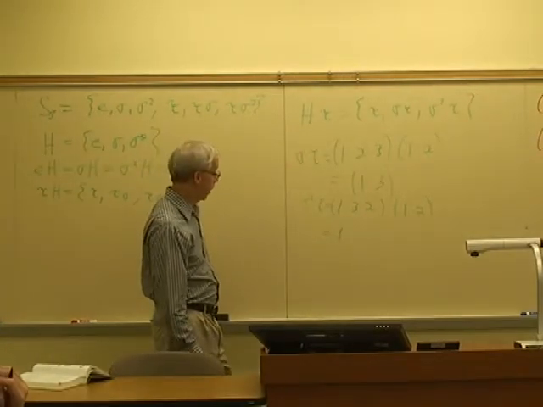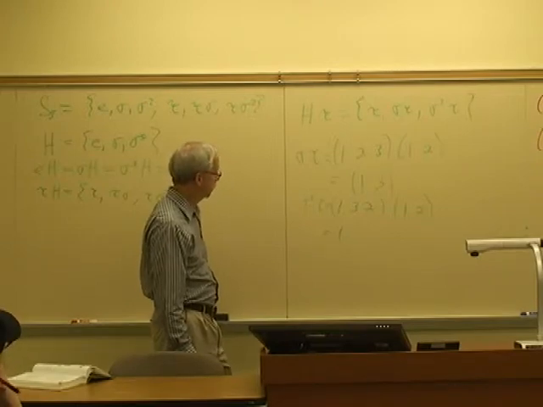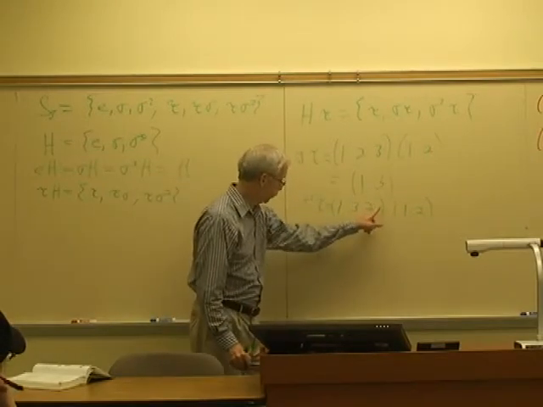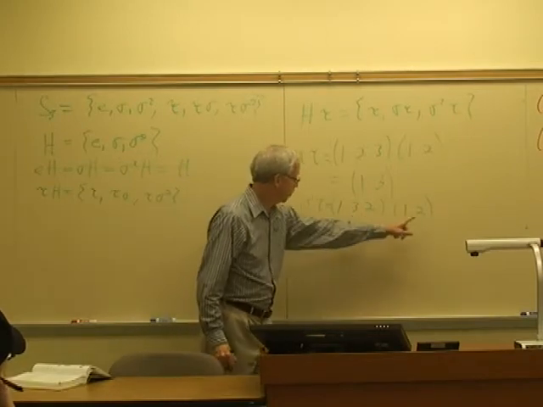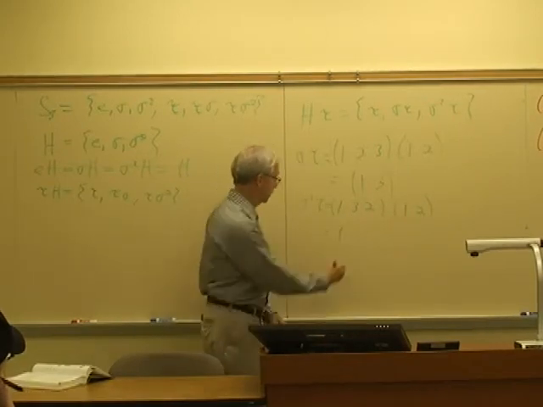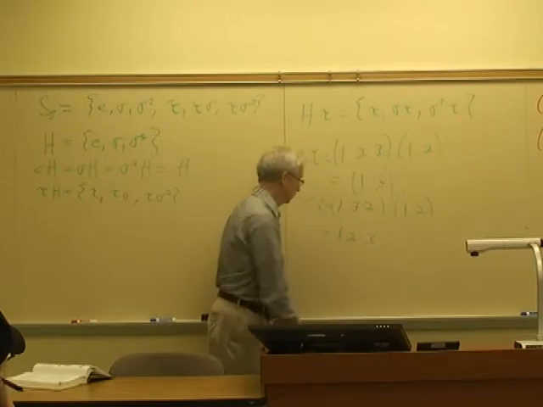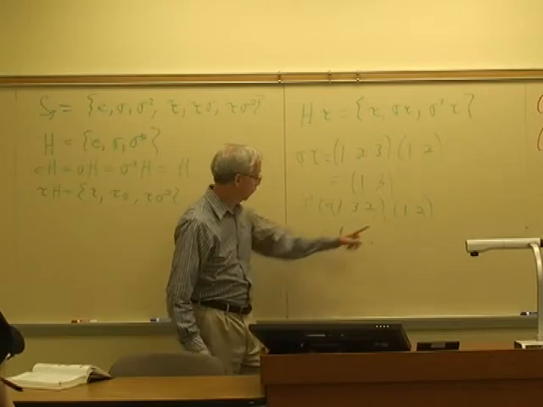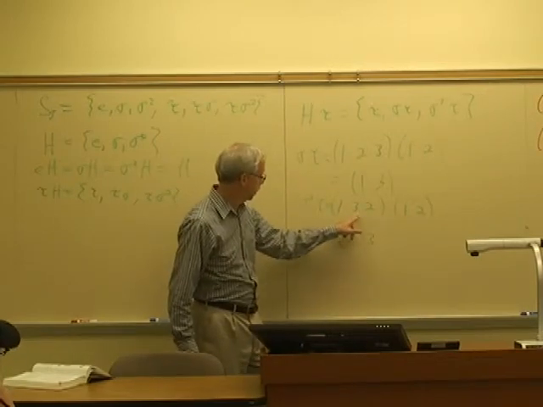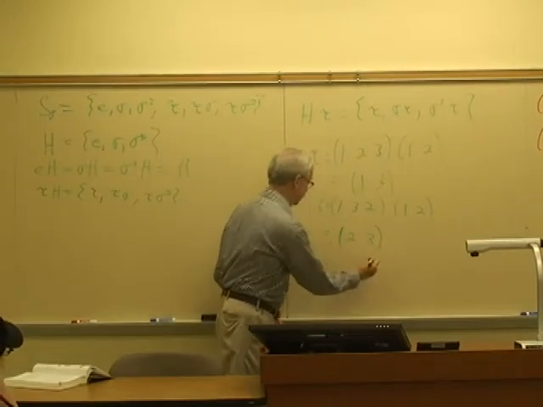To itself, right? Because 1 goes to 2, but then this guy sends 2 back to 1, so 1 goes nowhere. How about 2? 2 goes to 1, and then 2 goes to 3. Where does 3 go? This guy doesn't touch it. 3 goes to 2. So that's it.